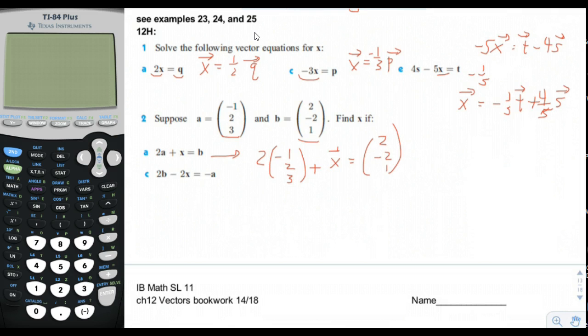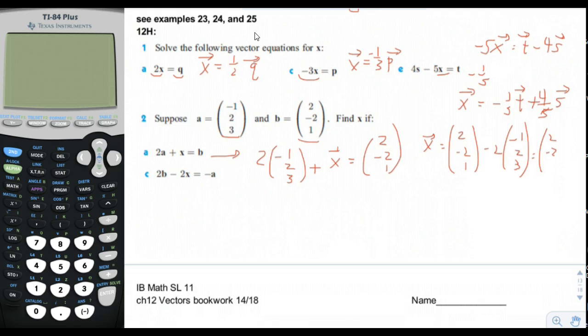So now we could say vector x is equal to 2, -2, 1 minus 2 times -1, 2, 3.